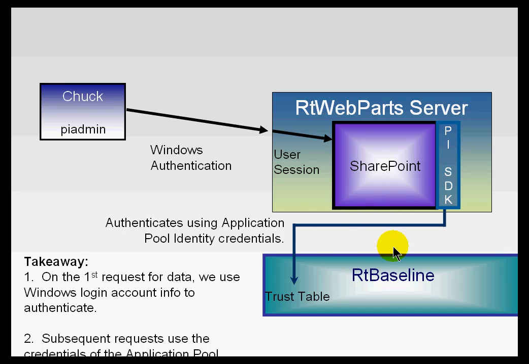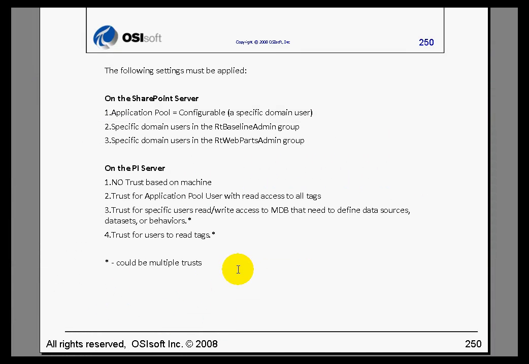But remember, that application pool is more or less impersonating the Pi user that we mapped to in the initial call. So returning here to our solution, you can see that the last set of trusts, one or more, is a trust that will map the incoming Windows user to a user who has read access to the tags in question.